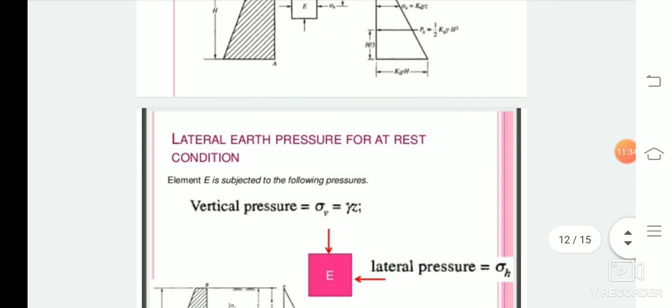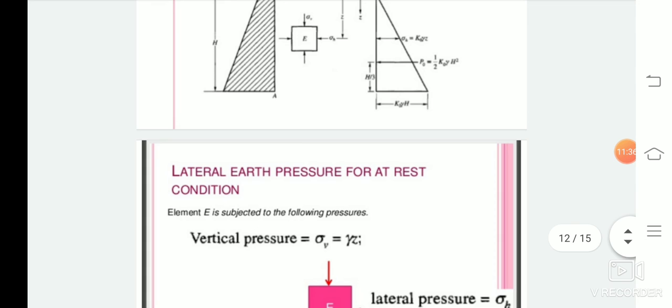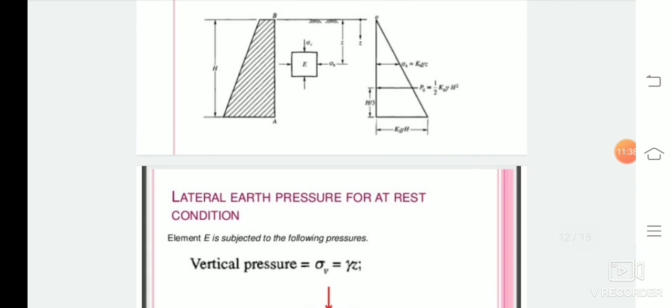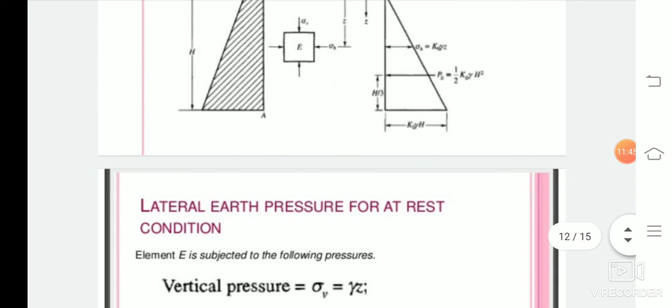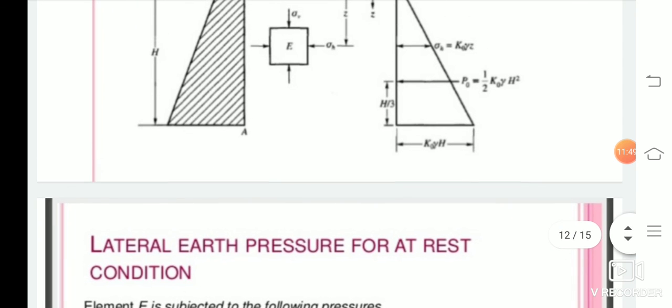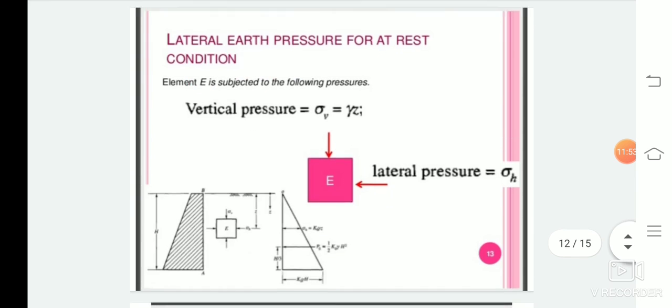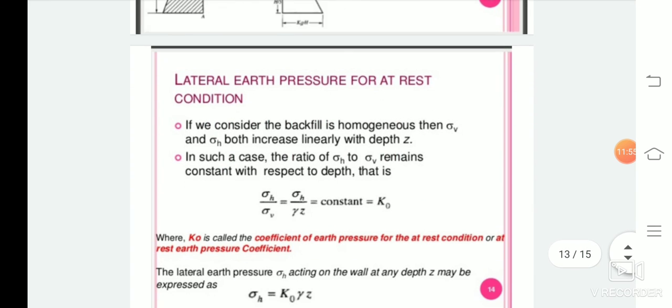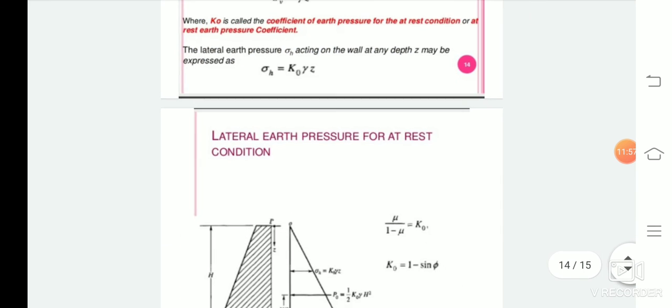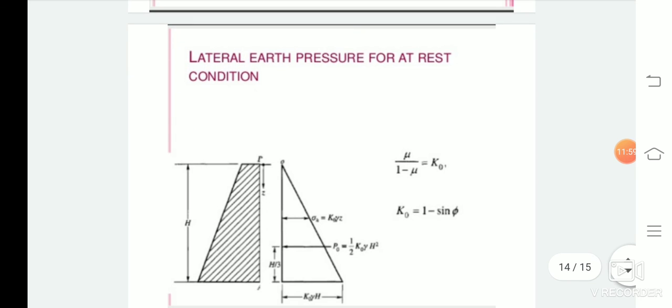Hence the total pressure acting on the total length of the wall is given by P naught equals half of K naught into gamma into h square. This pressure acts at a height of h by 3 from the bottom of the retaining wall. This is the value of the total earth pressure at rest.